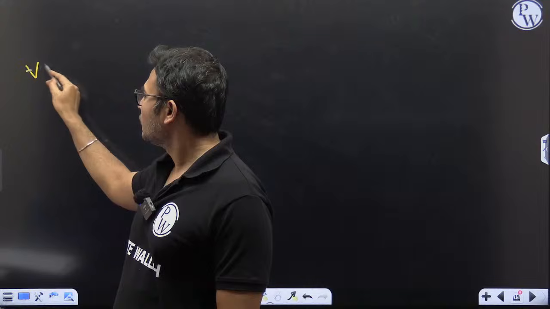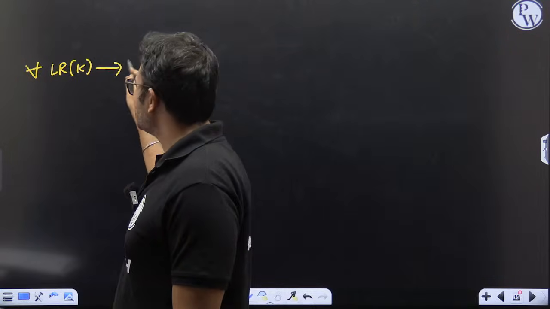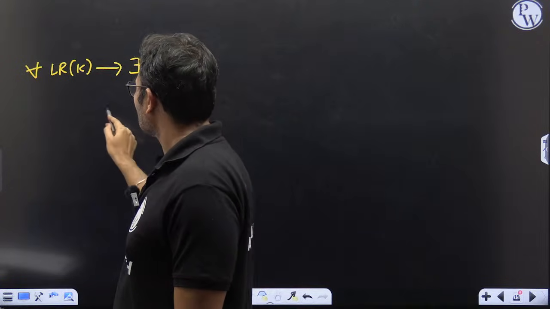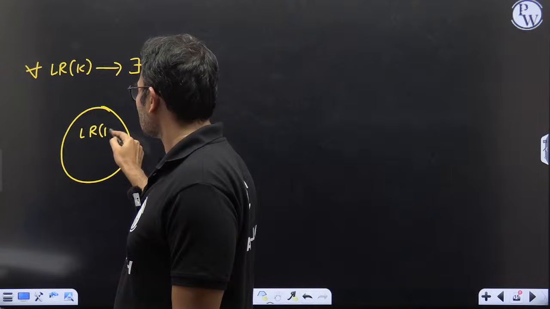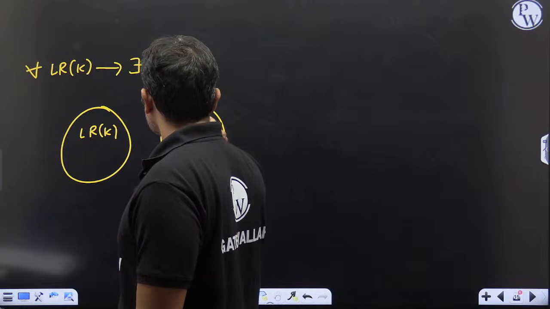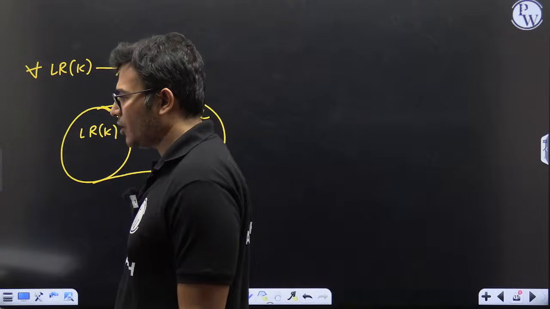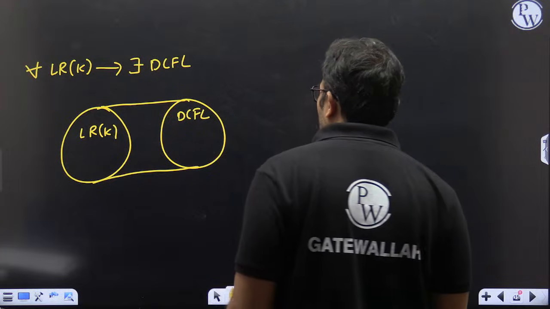And for all LL(K), there exists DCFL. For all LL(K), there exists DCFL, right?